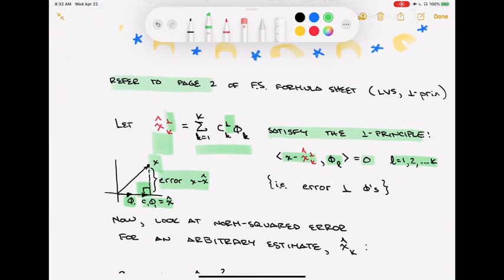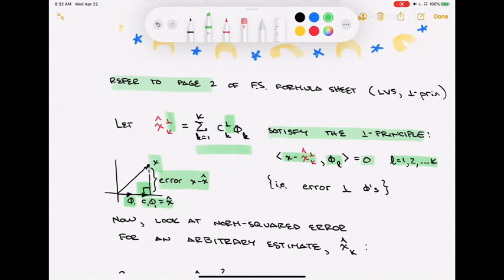So I'm just going to be looking at the estimate, in this particular case, that satisfies that orthogonality principle. Just to make sure that we don't confuse this estimate with any other, we are going to be looking at a generic estimate. That's how we're going to end up proving that the orthogonality principle is best.